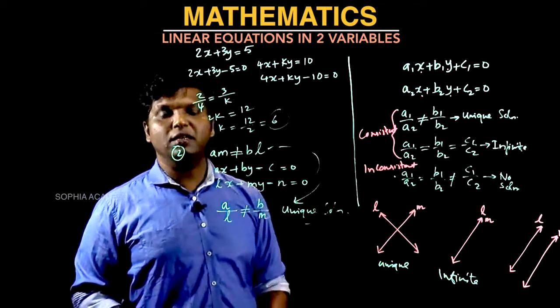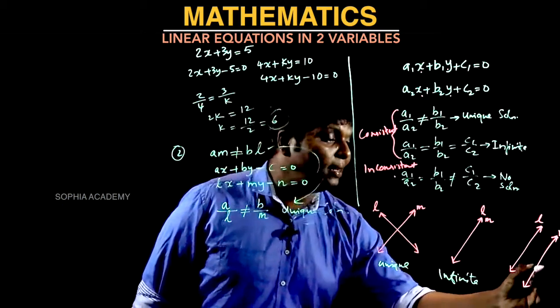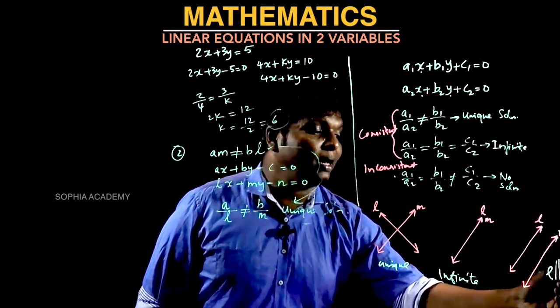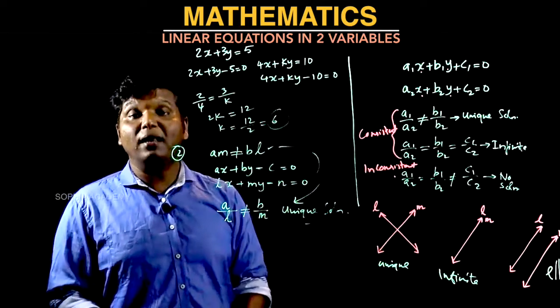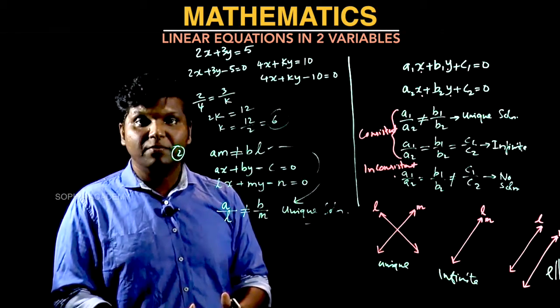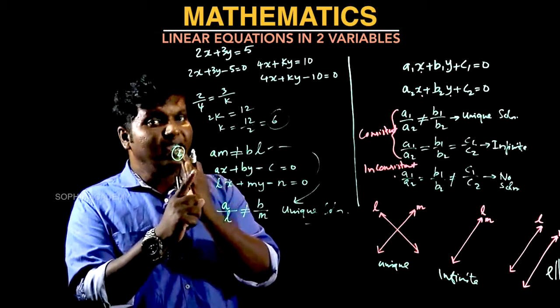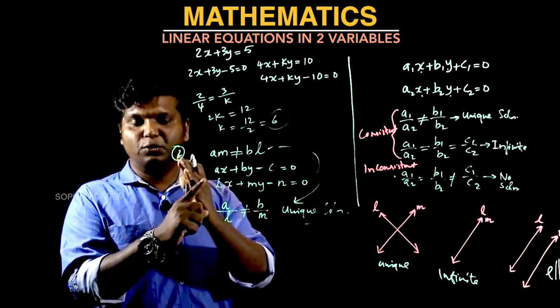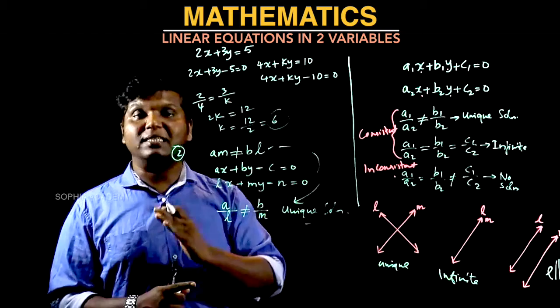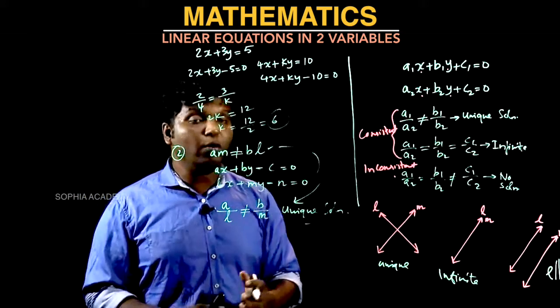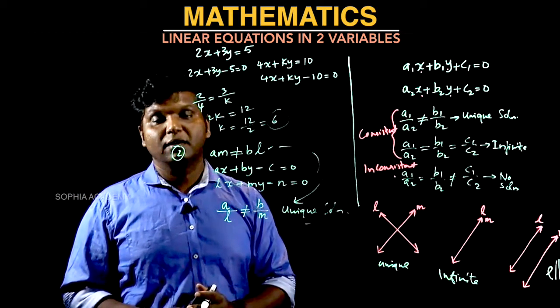And in the third condition, I told you that line L and line M, they are parallel. Parallel means they are not going to coincide together, they are not going to intersect together. If they are not going to intersect together, what does it mean?